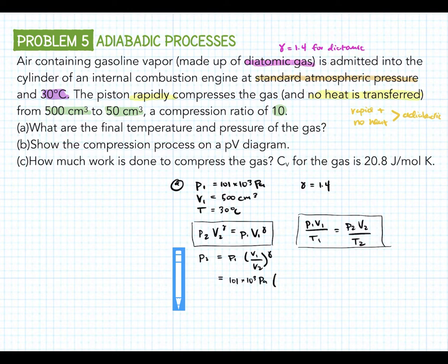And remember, our compression ratio is going to be 10 because we have 500 over 50, so we don't need to convert, it's a ratio. And then this is to the 1.4. So this is going to give us a value of 2.4 times 10 to the 6th pascals. Okay, so that's P2. That's our first thing we're asking for.